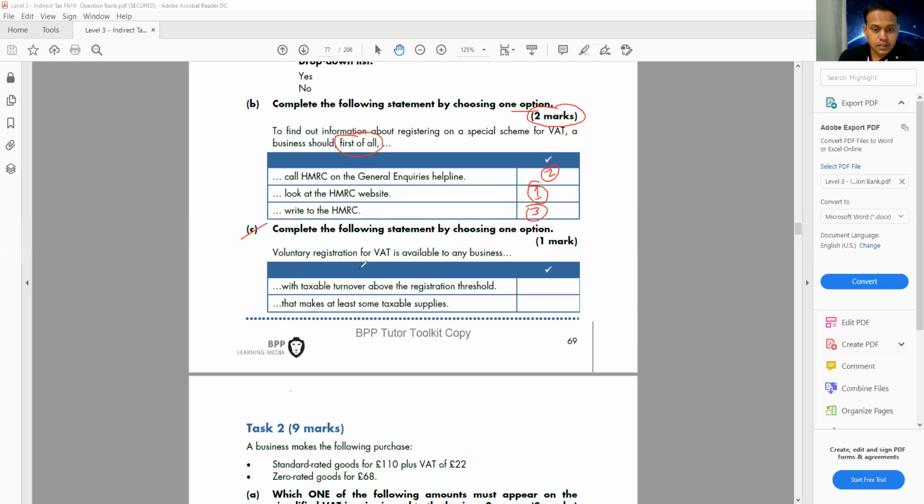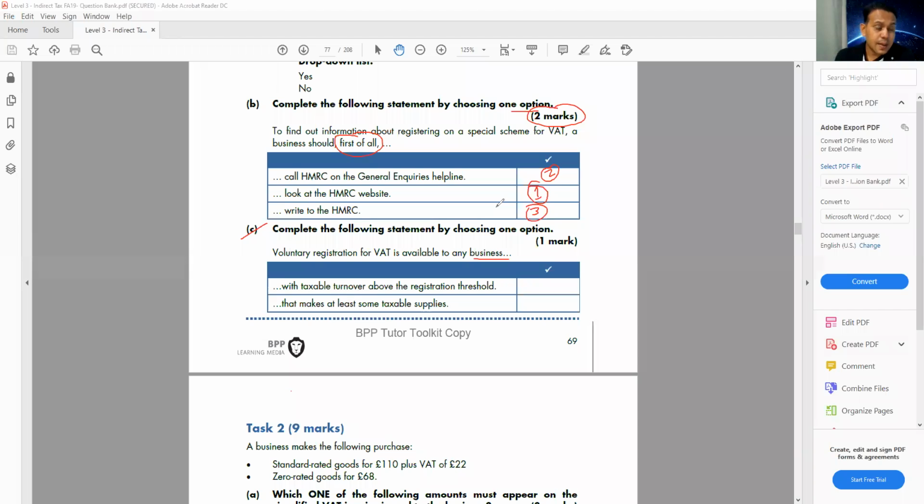Voluntary registration for VAT is available to any business with taxable turnover over the registration threshold, or that makes at least some taxable supplies.